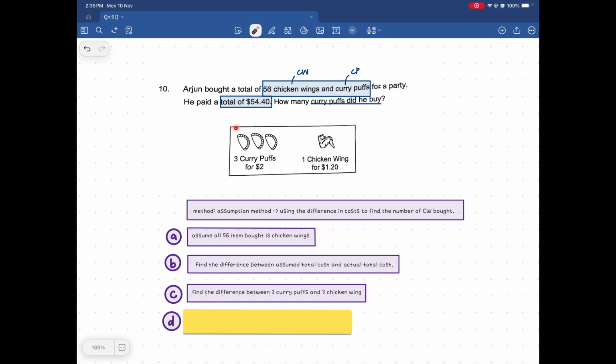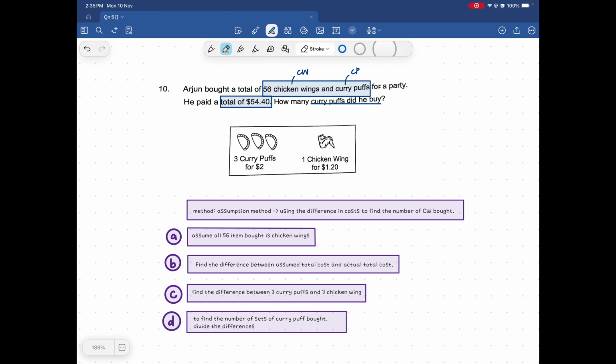So instead of trying to find 1 curry puff, we will find 3 chicken wings instead. And lastly, we will find the number of sets of curry puff bought by dividing the differences. So this seems a little difficult to understand. We will look at the next part of the video using a simpler example to understand this technique first.